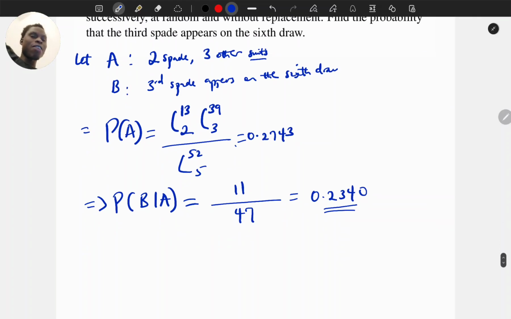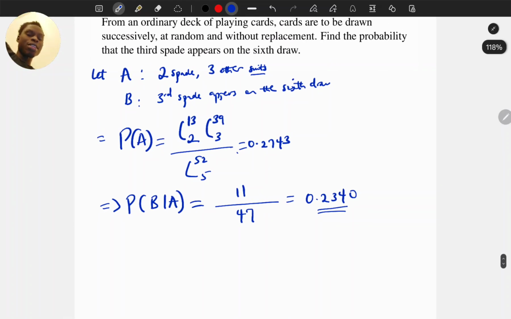Having this result, we can now find the probability of A intersection B, the probability that the first 2 spades occur in the first 5 draws, and then the event of a spade on the 6th draw.